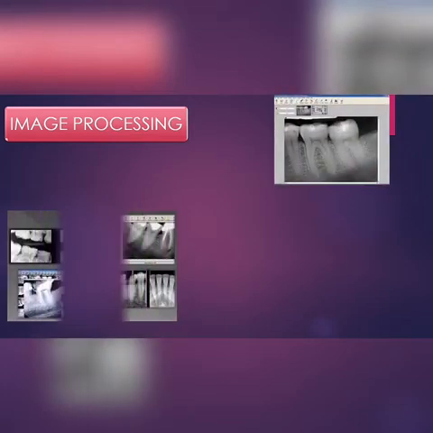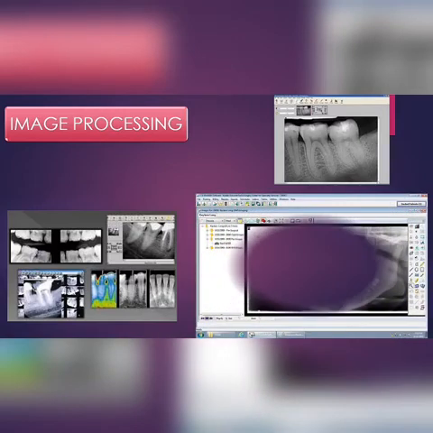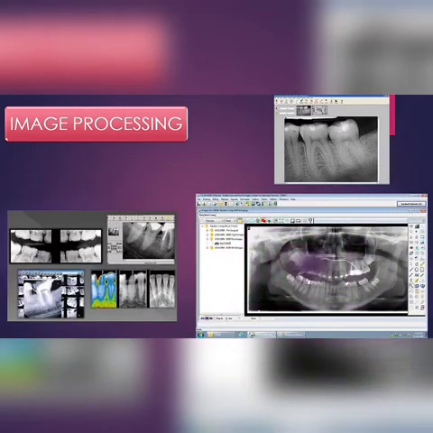Moving on to the next part. So first thing is about the image processing. Now that you have tried to view the image, when it comes to digital imaging, we saw that over the conventional films, the image processing is actually easy here. You need not do the manual processing methods. The computer or the management softwares are going to take care of everything.